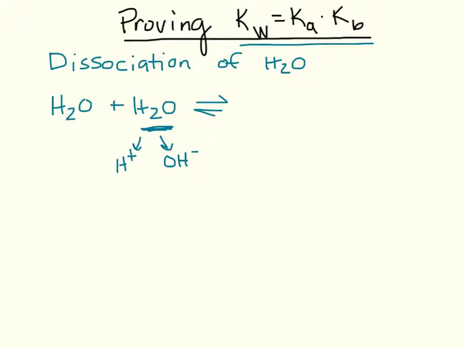The hydrogen ion will attach to the second water molecule, producing an H3O plus hydronium ion. Then the other hydroxide ion will remain by itself.